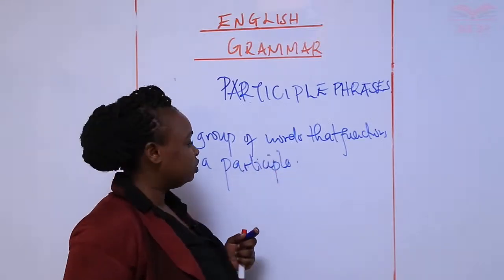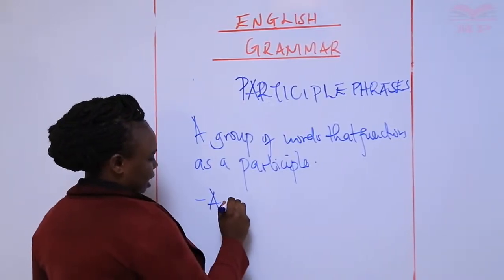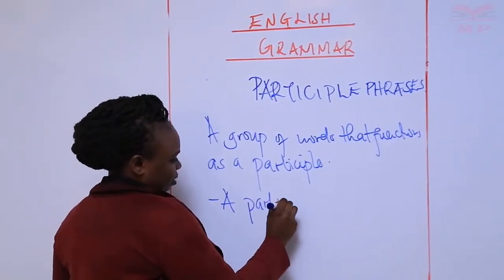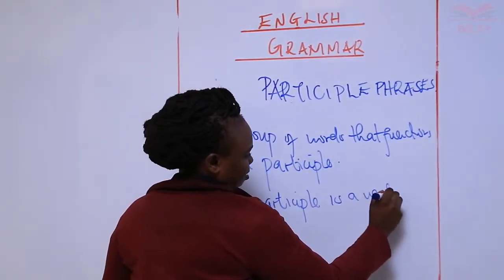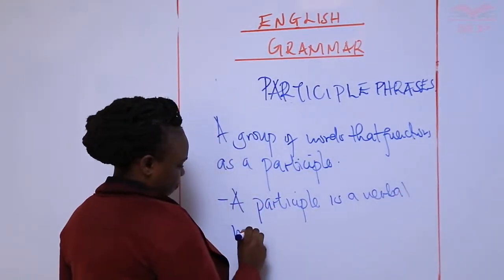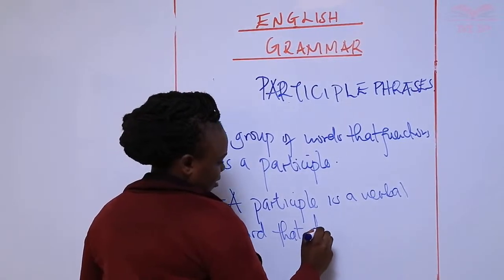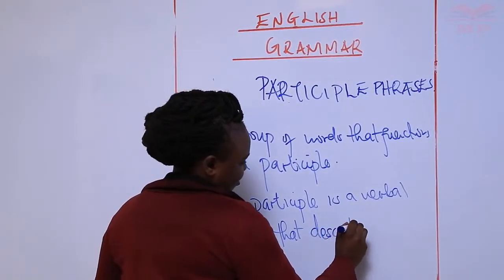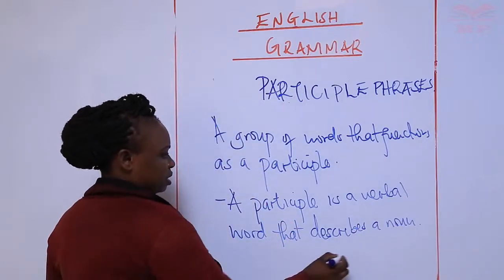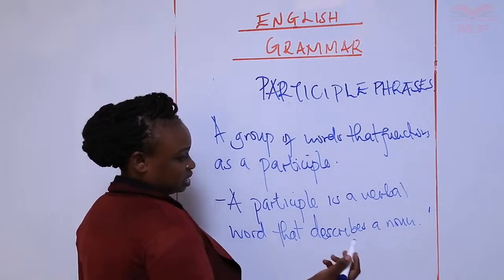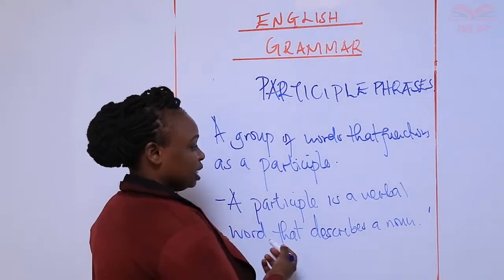We went ahead to describe what a participle is, and we say that a participle is a verbal word that describes a noun, or maybe just say a verbal word that gives us more information about a noun, probably what the adjective does. But here, it's a verbal word.